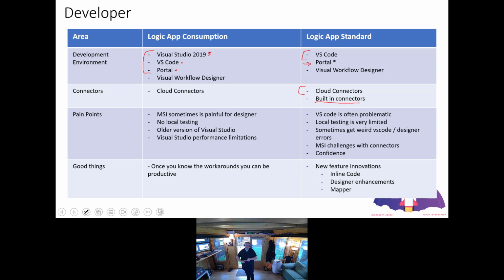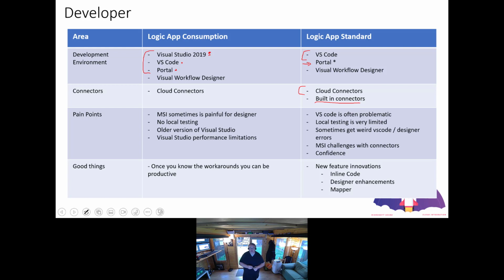The benefits there are you can leverage the security of the app itself, so you can leverage the managed identity for it. You can leverage the networking. So if you've got your Logic app on a VNet, the built-in connector can leverage the VNet that the Logic app's using. You can't really do that with Logic app consumption.